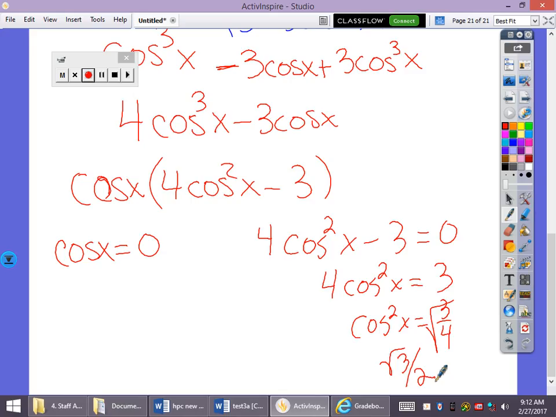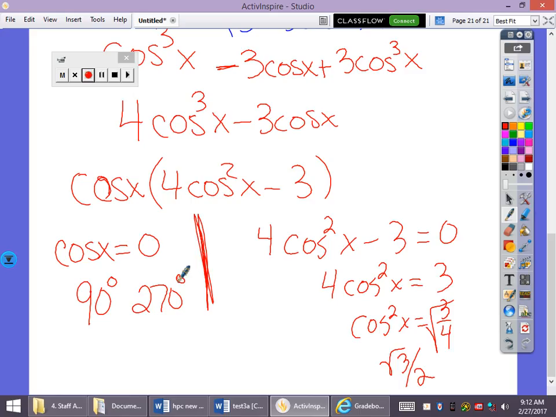All right. When is cosine 0? 90. It's 0 on this line. So 90 degrees and 270 degrees. This one is done. Yes, ma'am. I converted sine to 1 minus cosine squared so that I would have all the same trig.